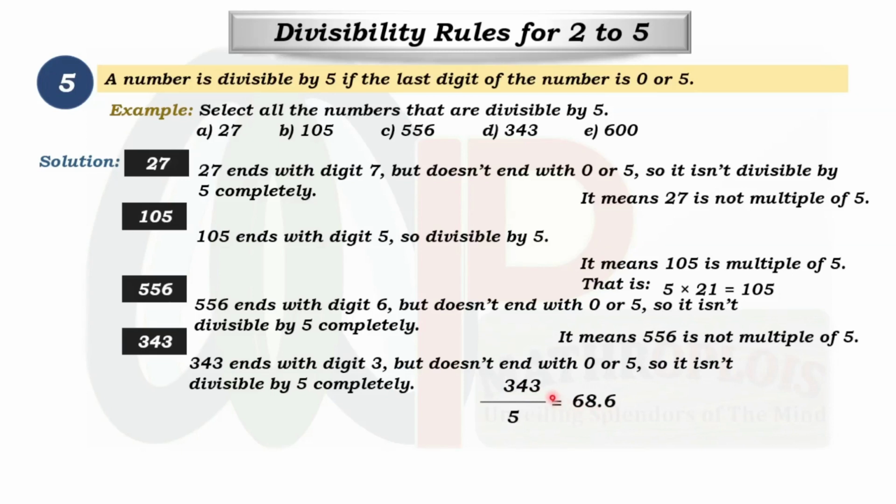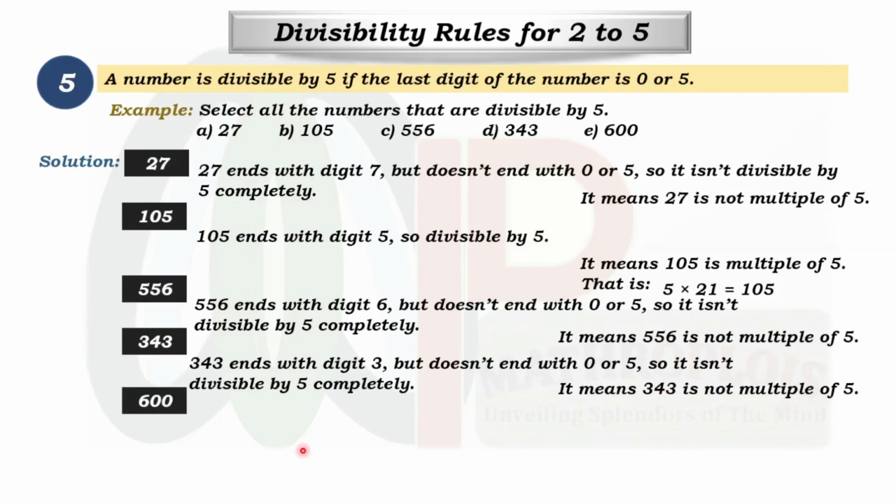It means 343 is not divisible by 5 completely, but with some fractional part, or we can also say with some decimal parts. As 343 is not divisible by 5 completely, so 343 is not a multiple of 5.